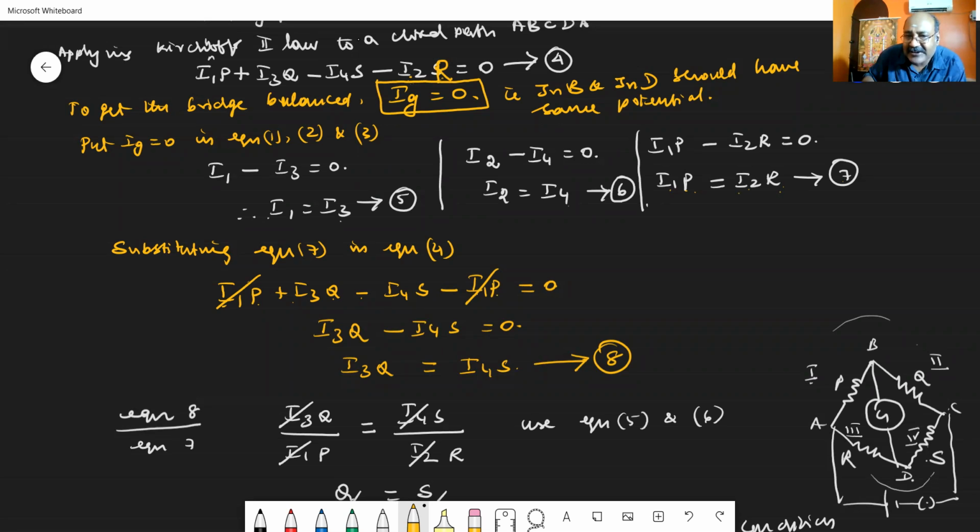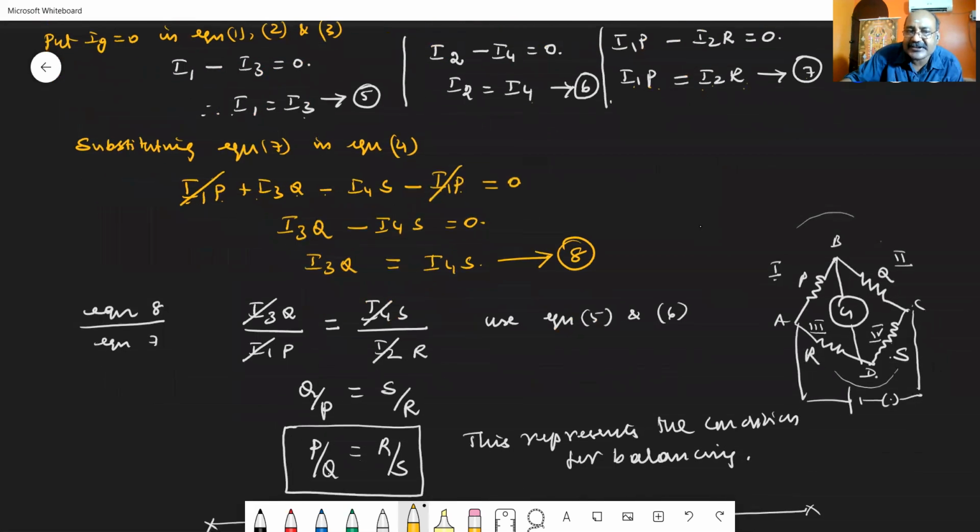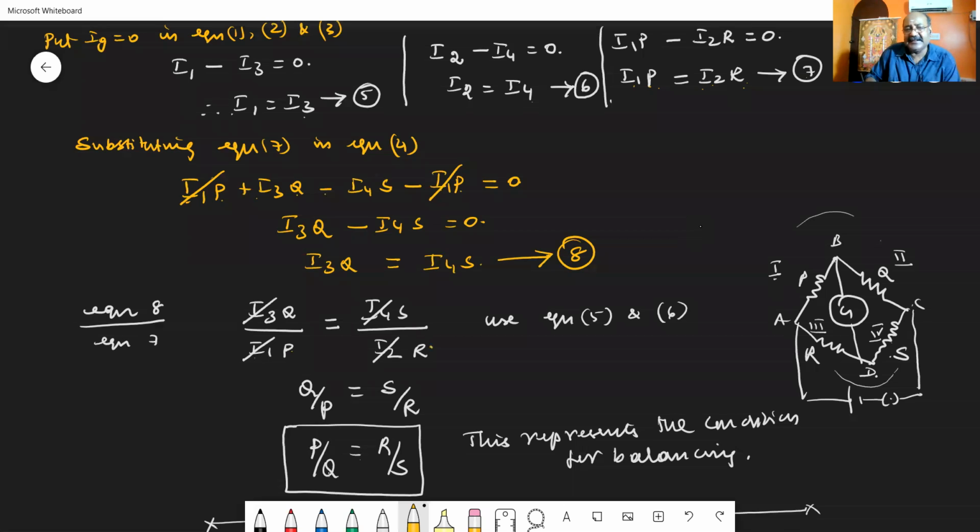Now you divide equation 8 by equation 7. So when you are dividing equation 8 by equation 7, we can write I3Q divided by I1P equal to I4S by I2R. Equation 8 on the left hand side, equation 8 on the right hand side. Similarly, equation 7 on the left hand side, equation 7 on the right hand side.